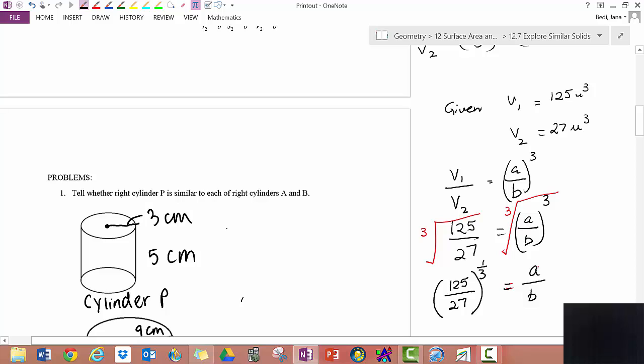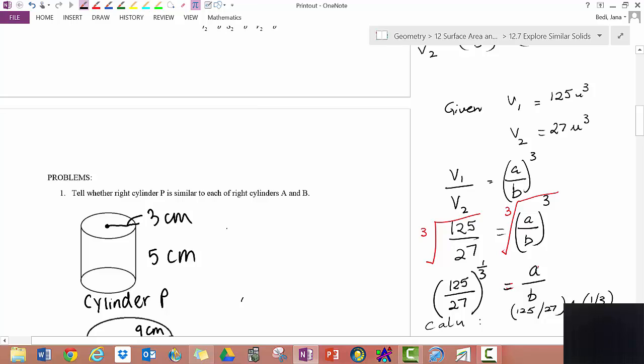So here's what you do on your calculator. You would enter 125 divided by 27, put that in parentheses, then you use the caret and you put 1/3 in parentheses.